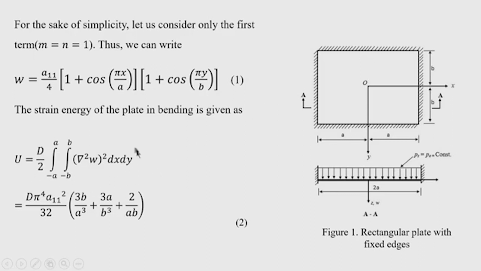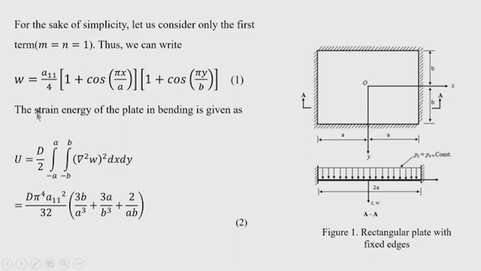So, integrating this expression, we get the total strain energy of the plate: D pi to the power 4 A11 square divided by 32 bracket 3 b by a cube plus 3 a by b cube plus 2 by a b. Now, you can see here that the A11 square term is appearing.